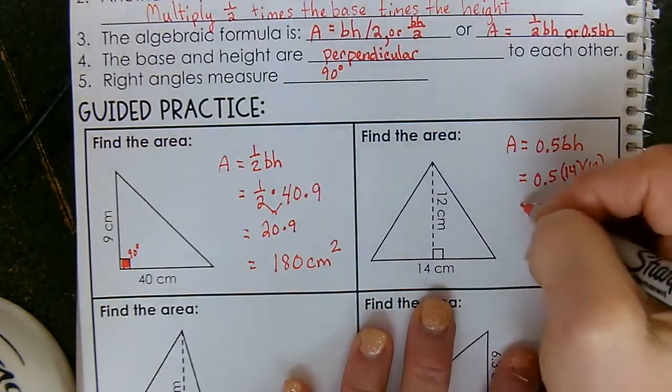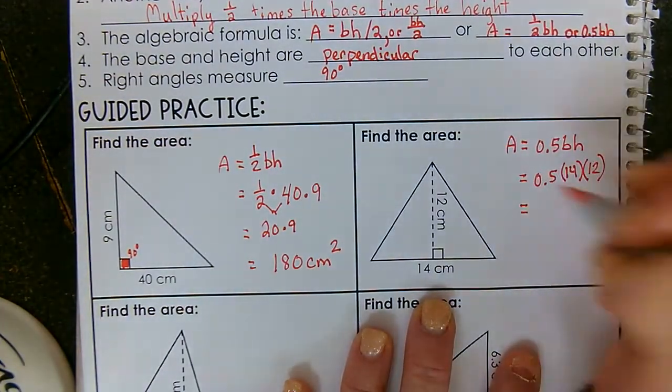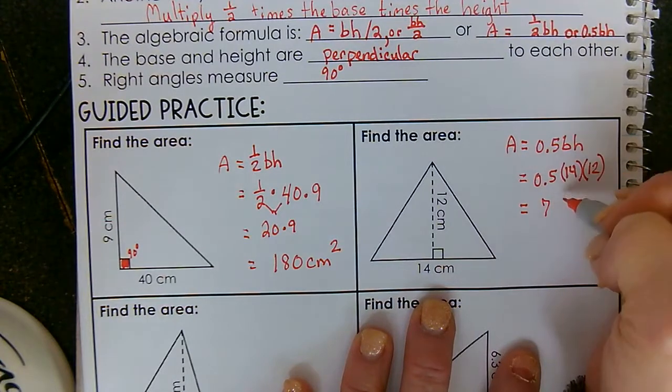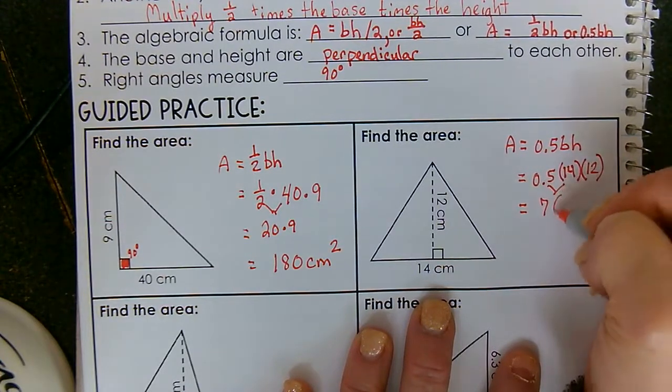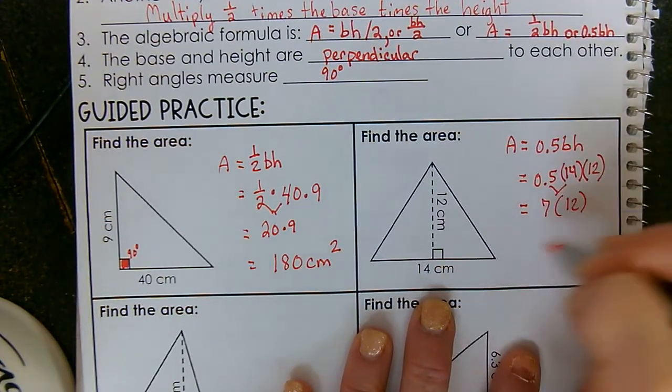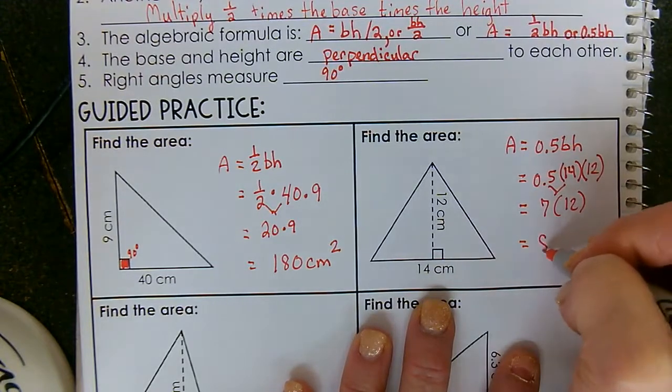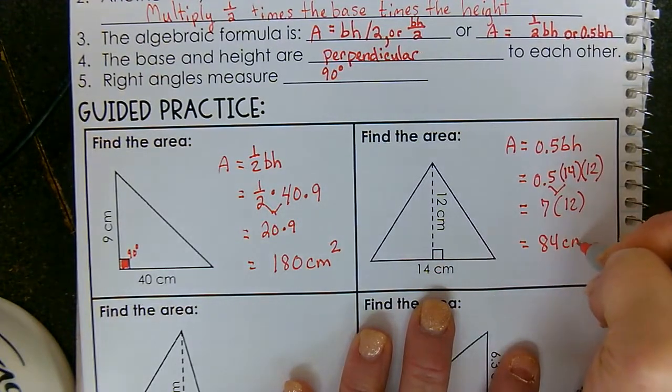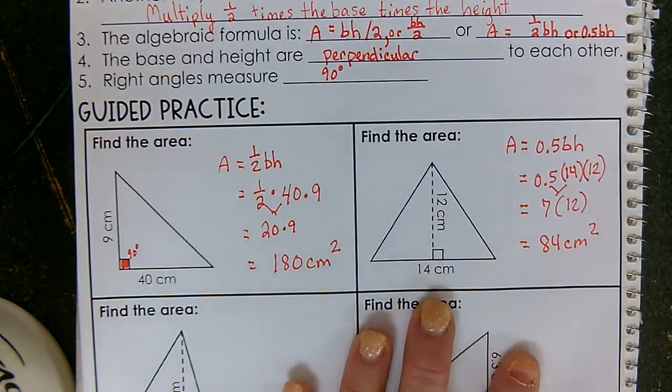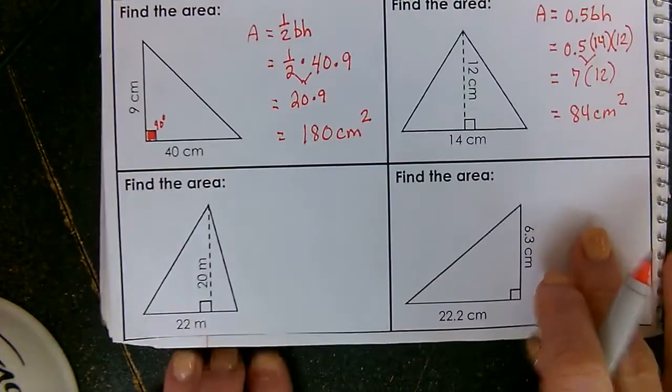Okay? And then 0.5 times 14 is 7. Bring down the 12, and then 7 times 12, that equals 84 centimeters squared because it's area.